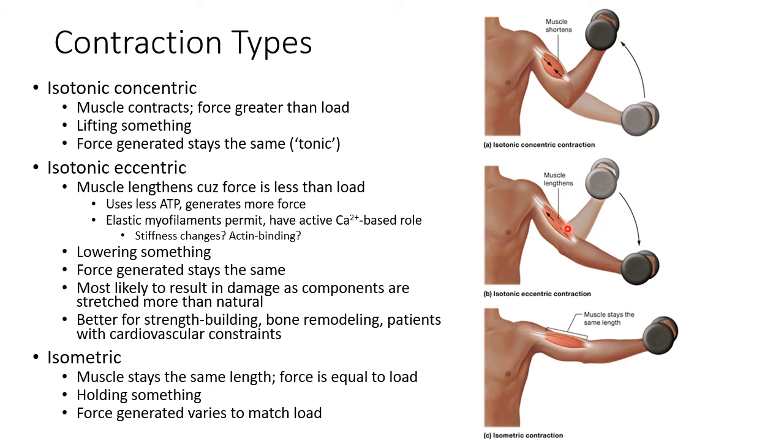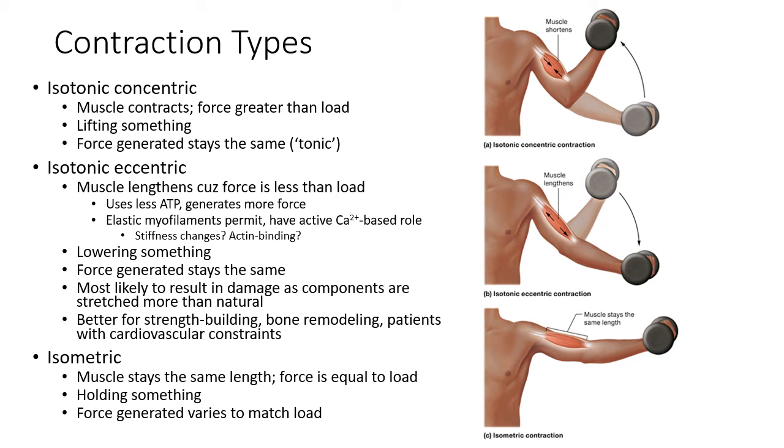These are very interesting contractions. They don't use as much ATP. Since the muscle is not making as much force as the load, it doesn't cost as much ATP. But actually, the amount of force that it generates cannot be explained by the amount of ATP that it uses. It doesn't use enough ATP to explain how much force it's able to generate.